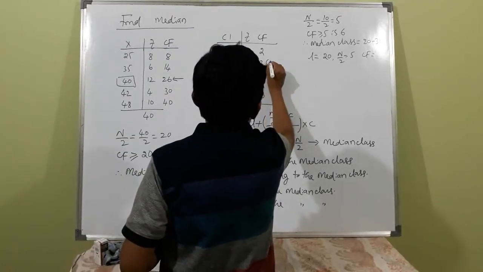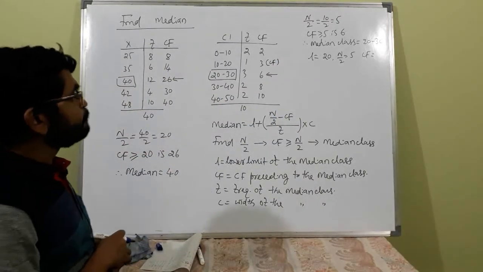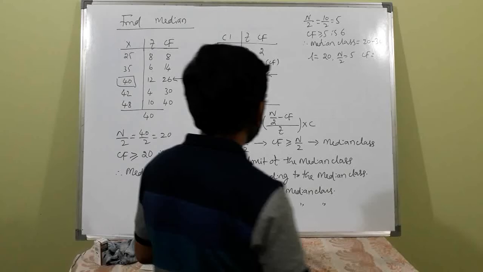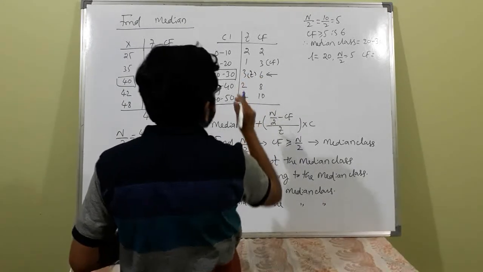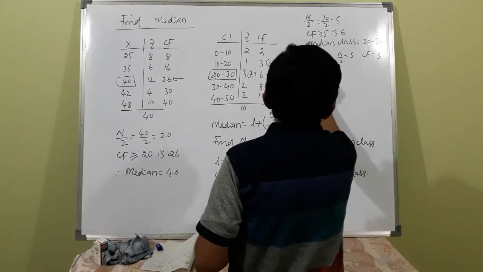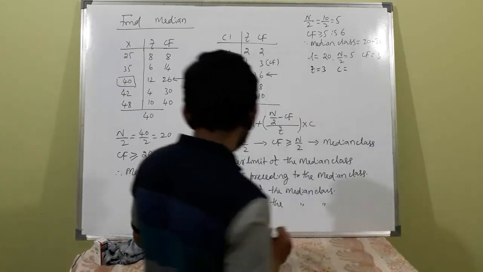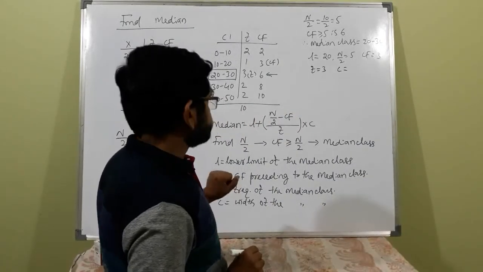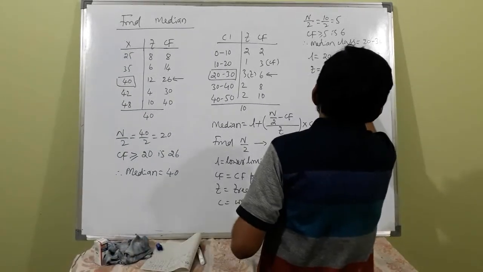So this is CF here, and this is F. CF is 3, F is also 3. What is C? Width of the median class. 20 to 30 means 10.